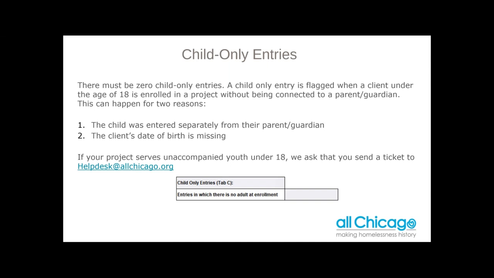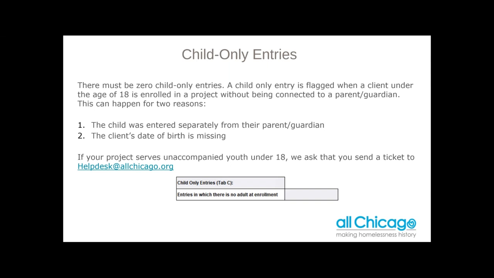What that means is that in most cases, the parent or the guardian is enrolled in the project first, and then the child is born, and then they need to get added to that existing enrollment. If that doesn't happen correctly, then the child is created in an enrollment by themselves, and that's how you'll get that child-only entry. And then also, it has to do with the client's date of birth.